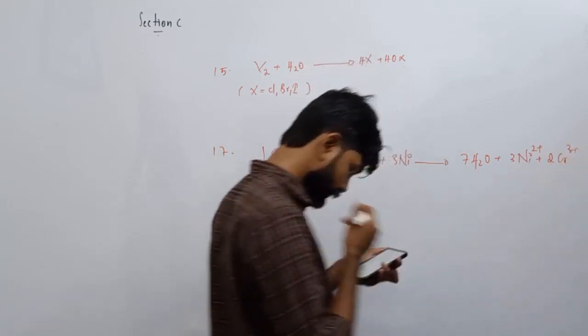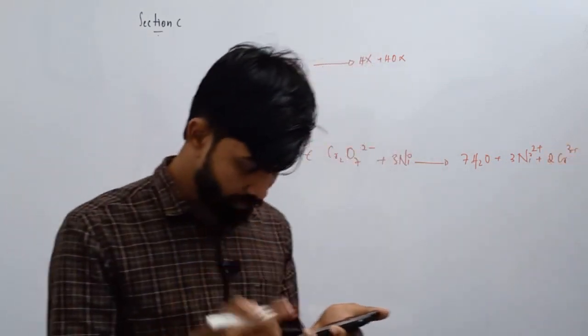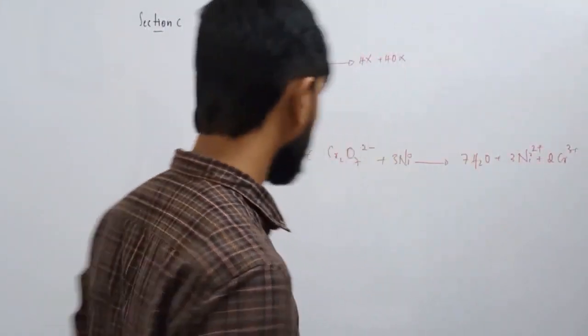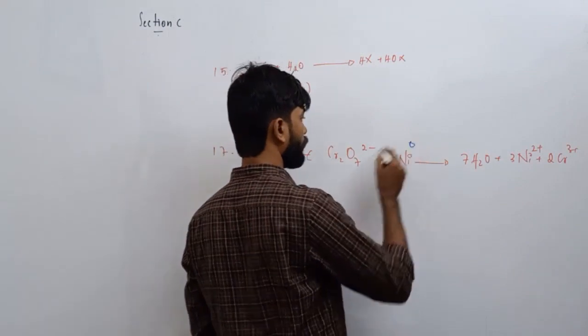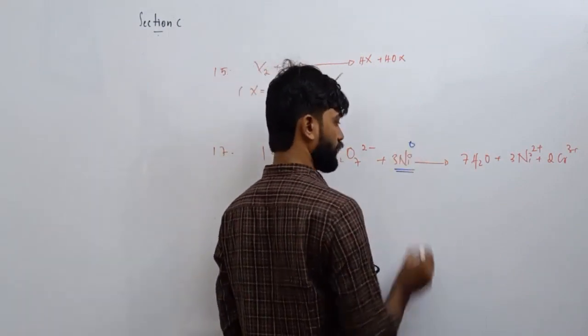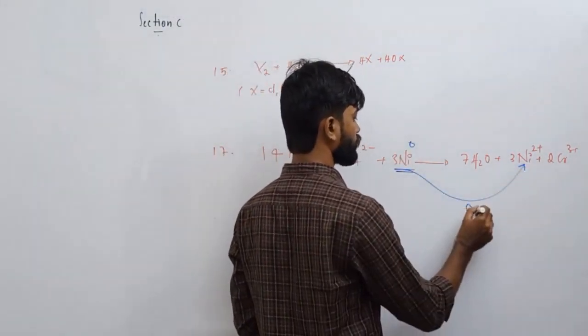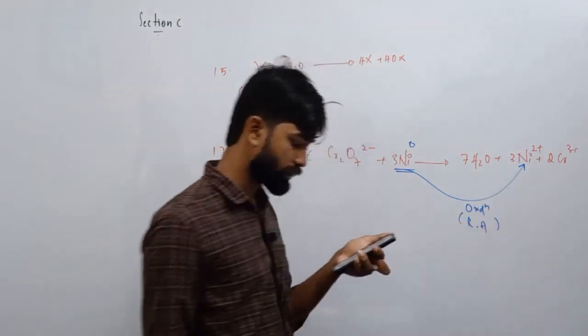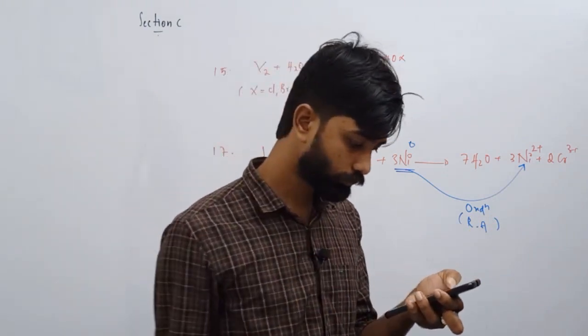So which is serving as the reducing agent here? We want to find the reducing agent, or simply we can find the species which undergoes oxidation. This species undergoes oxidation, so it should serve as the reducing agent. So it is nickel, choice 4.